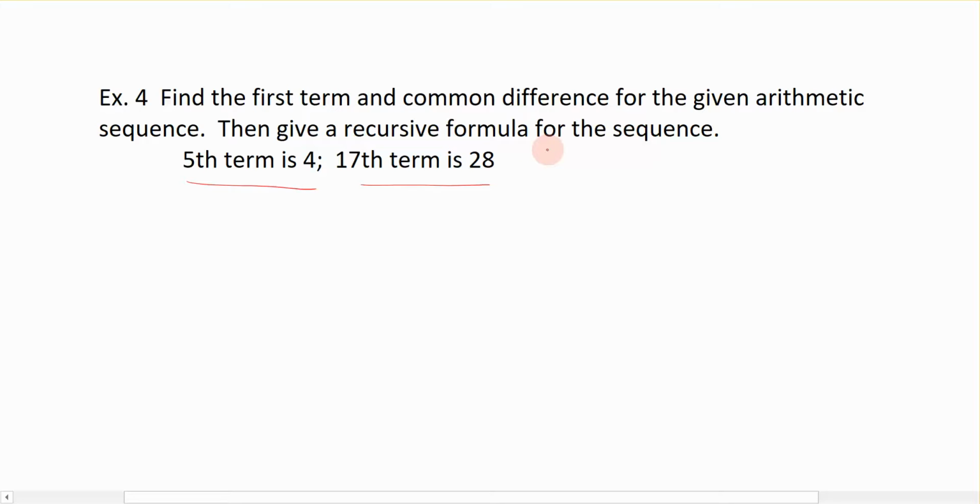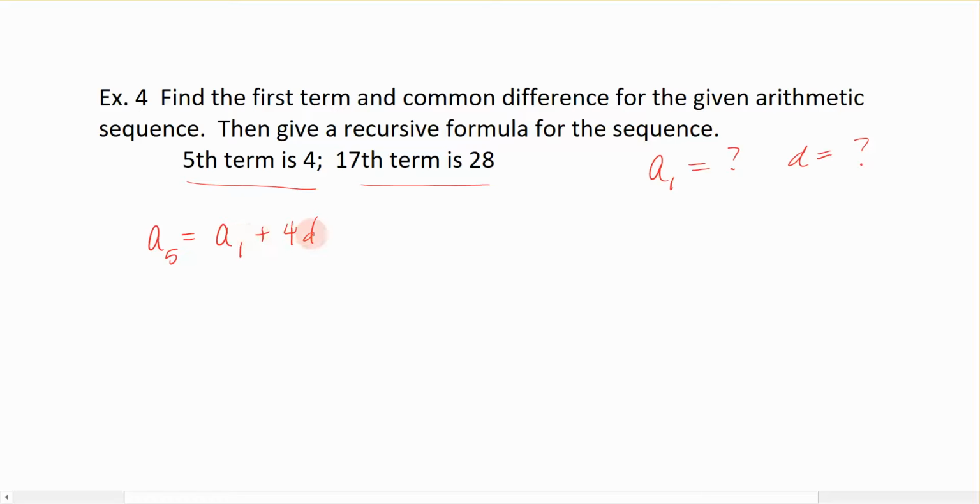Well, to begin with, I'm told that in this particular sequence, the 5th term is 4 and the 17th term is 28. So I am tasked with finding a1, I don't know what that is, and I don't know what d is. But I do know that the 5th term is 4, so we can write the 5th term as the first term plus n minus 1, which would be 4, times the common difference d.